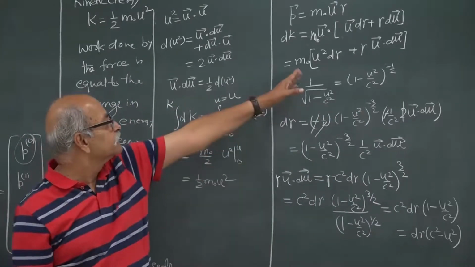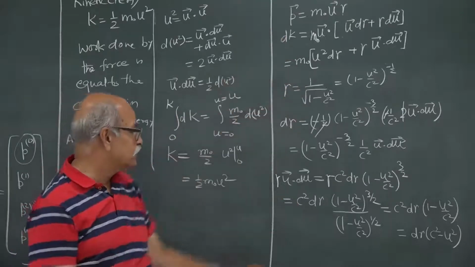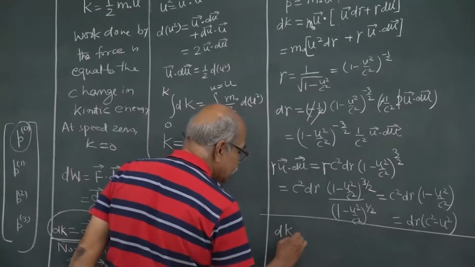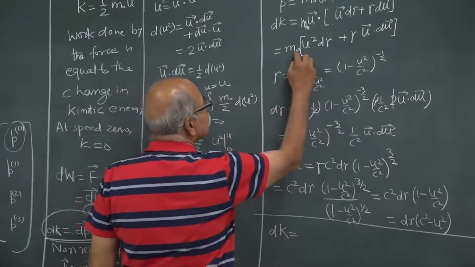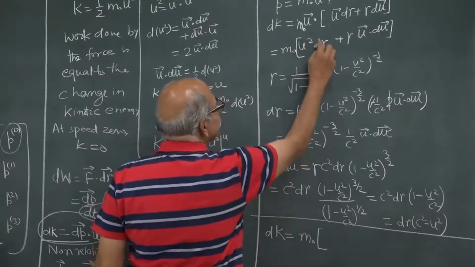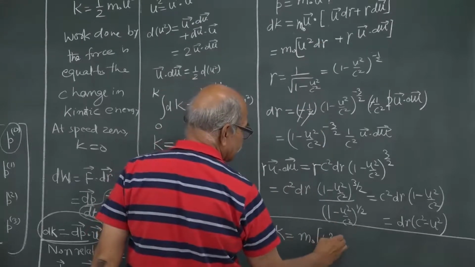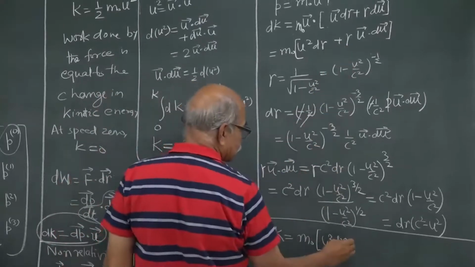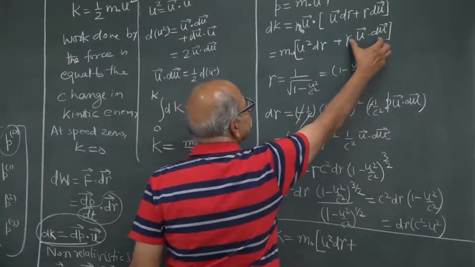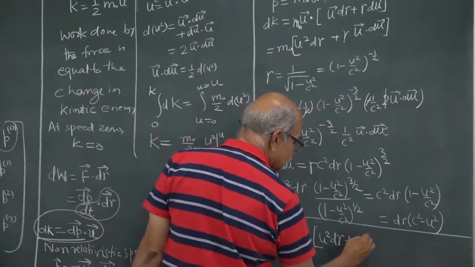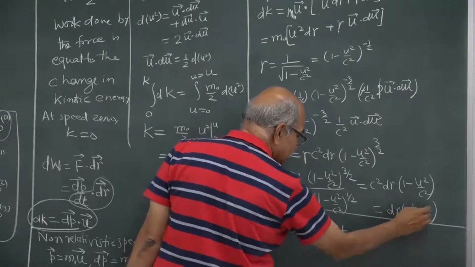and put it here in the expression of dk. So what is dk? dk is equal to m naught, and then u square d gamma, and then plus this expression, d gamma times (c square minus u square).